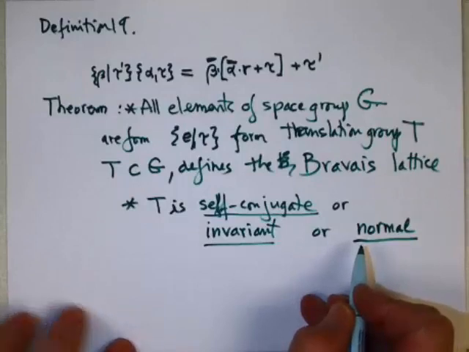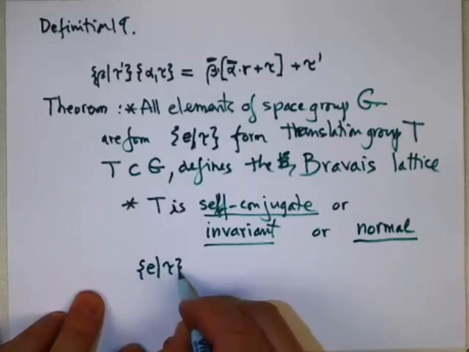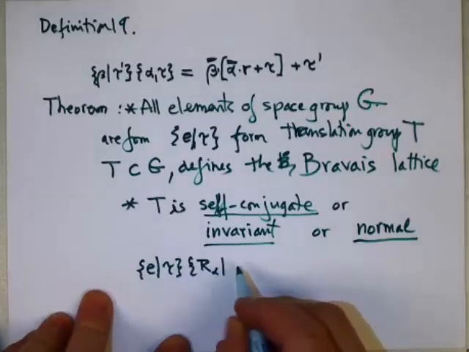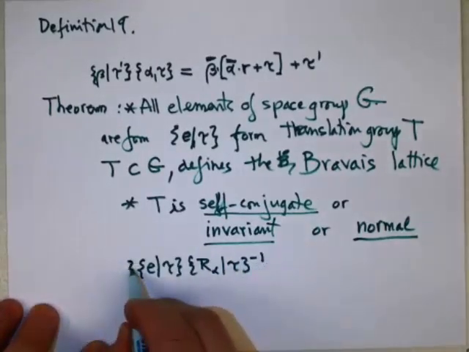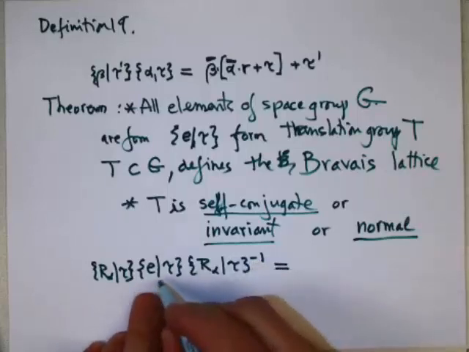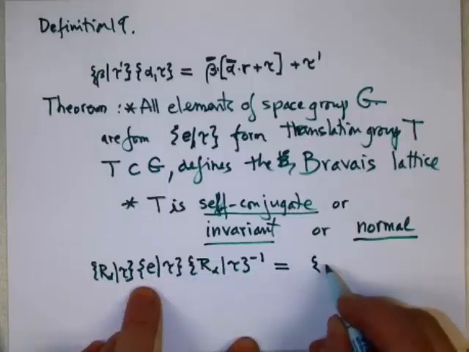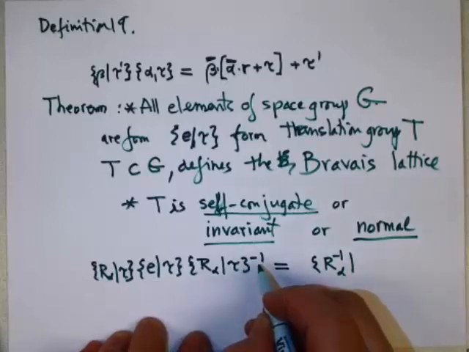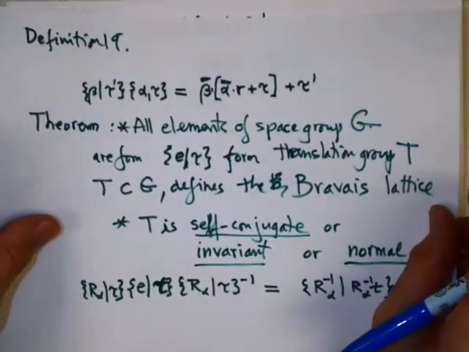And how do you check this? You take an element and you act on it on the right by the inverse. And then you act on it by the inverse of that operation, alpha. So the first operation maps us into rotation. E times r is just the inverse rotation. And the second one rotates the translation. These are different translations. I have to remind you how the multiplication table works.